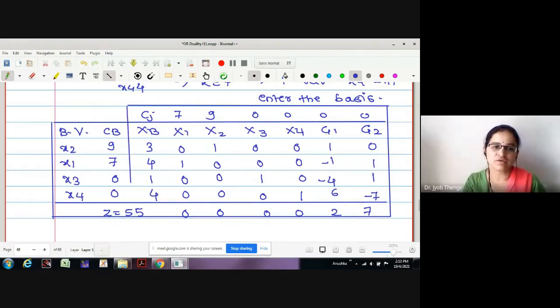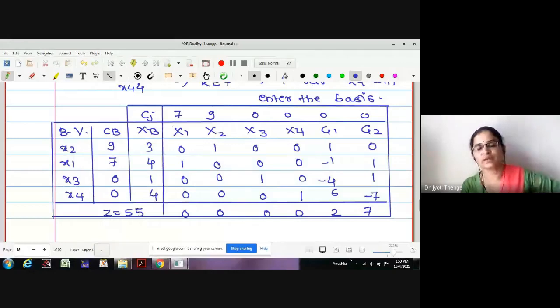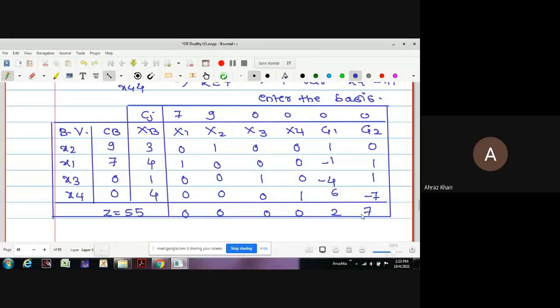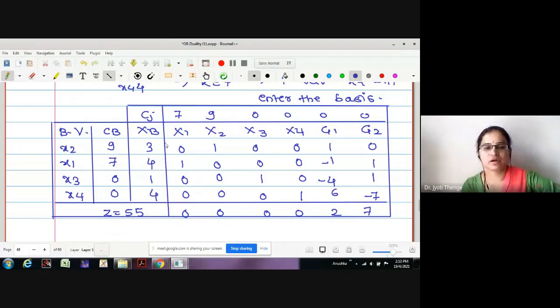Is the solution feasible and optimal? Yes. How can you understand it is optimal? All delta j's are non-negative, and xB entries are non-negative. Therefore, this solution is the optimal integer basic feasible solution.